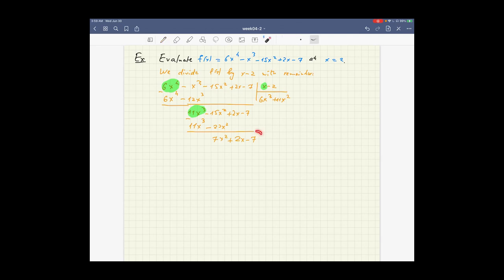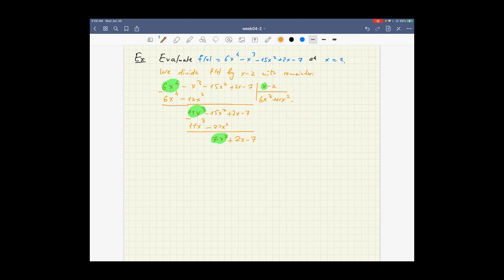The degree of the remainder is 2, which is not less than the degree of the divisor, which is 1. So the process continues again. The leading term of the new dividend is 7x squared. We divide this by the leading term of the divisor, which is x. That'll be 7x.